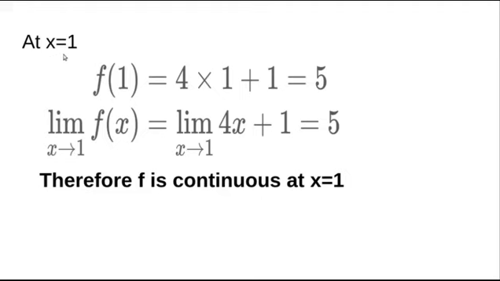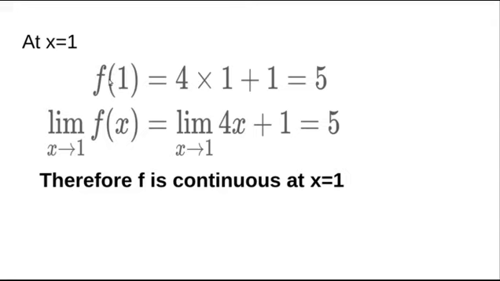Now we have to examine the continuity at x equal to 1. Here at x equal to 1, value of the function is f of 1, that is 4 into 1 plus 1, that is equal to 5. Now we have to find the limit x tends to 1 f of x. That means limit at x equal to 1.